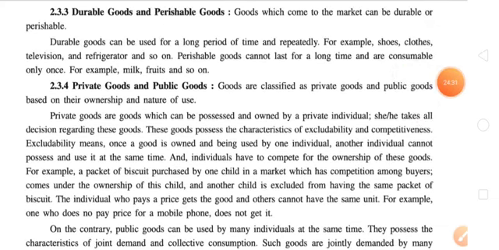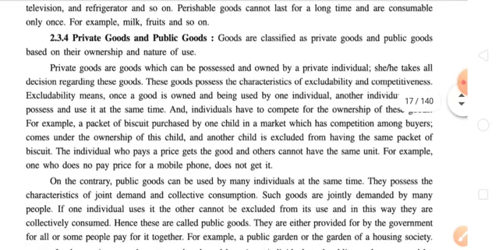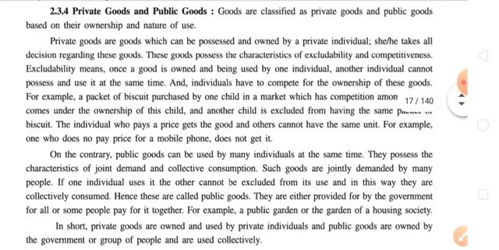Now let us move forward to the fourth category, that is private goods and public goods. Goods are classified as private goods and public goods based on their ownership and nature of use. Basically, in our routine life, we are having two types of goods.